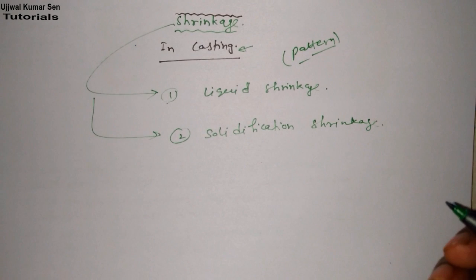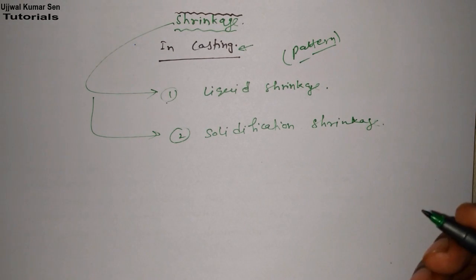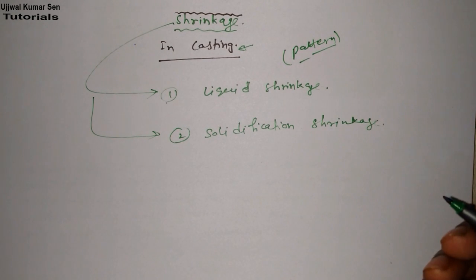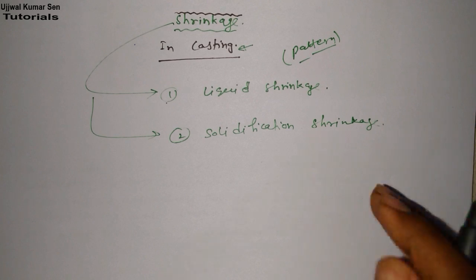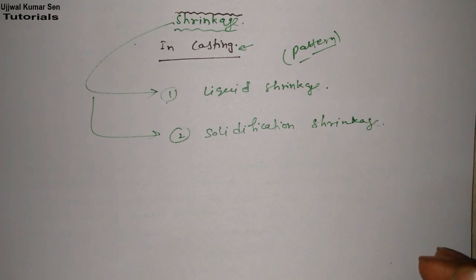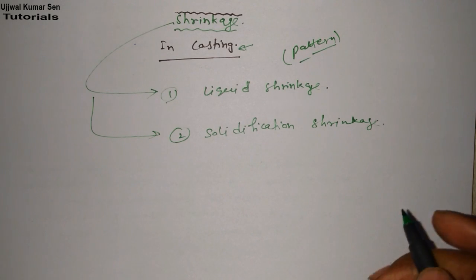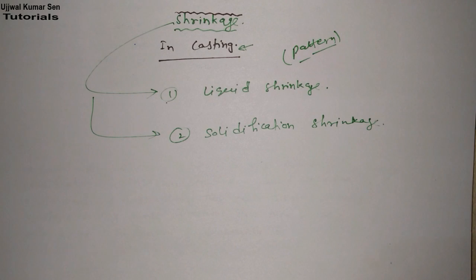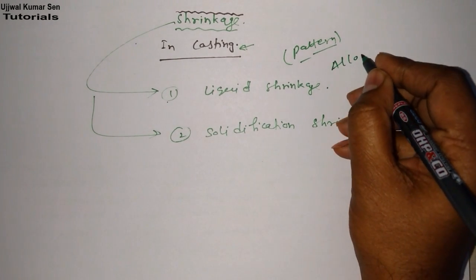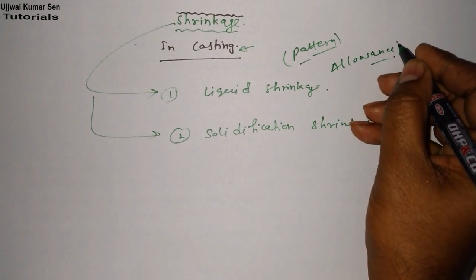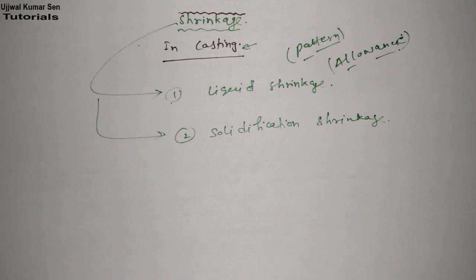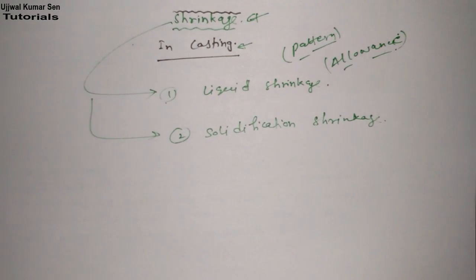You can study pattern, and then gate, riser, runner, and sprue, all from here, because in this series of tutorials I am going to share only conceptual as well as formula-based things. In patterns we consider allowance, and shrinkage is one of the allowances. From this topic we get several questions in GATE.